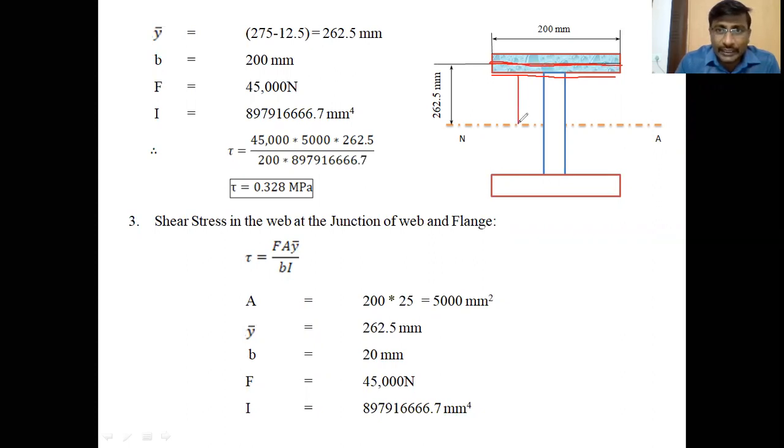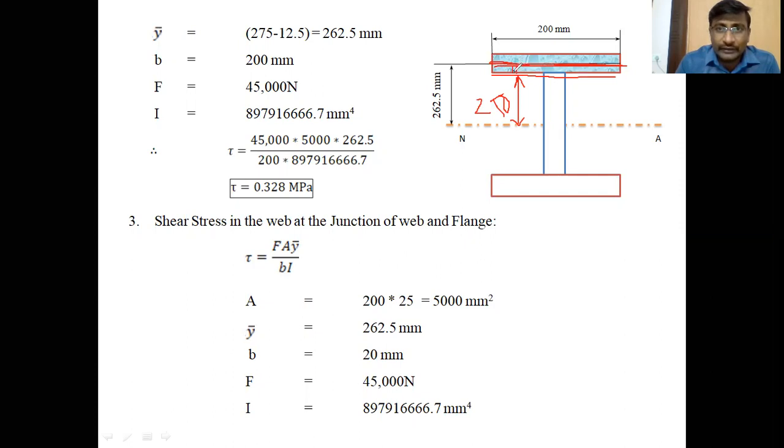The total height of the web is 500. From this place to this place is half of the web distance, 250 mm. Plus this much distance is half of the flange, 12.5. The flange is 25, and the center of gravity will be located at the center of the rectangle, that is the upper flange.